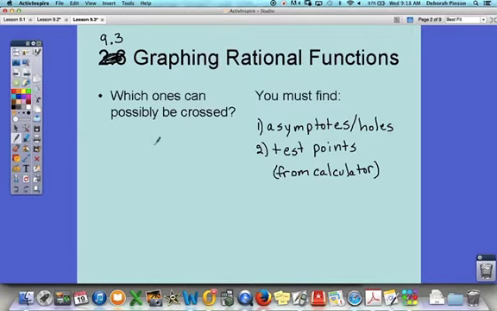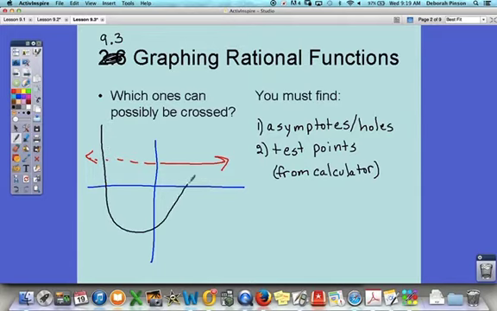Now, when we're talking about asymptotes, horizontals are a little bit weird. I'm going to put a horizontal asymptote on there. So there's my horizontal asymptote. Sometimes you'll have a graph that does something like this. See how it approaches here?